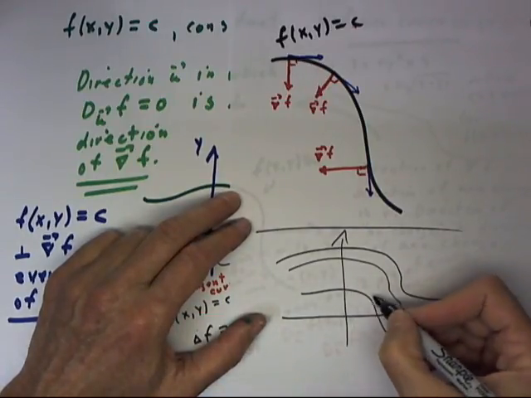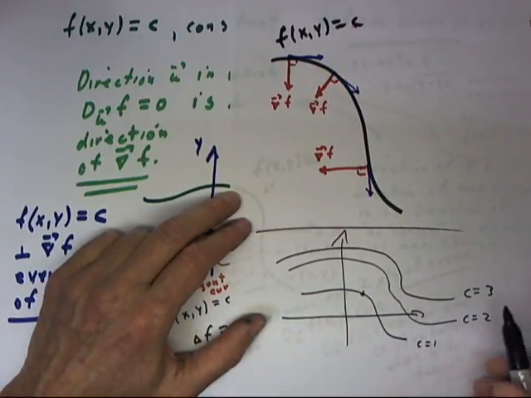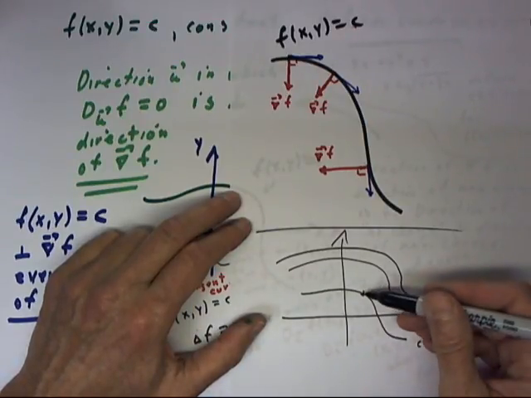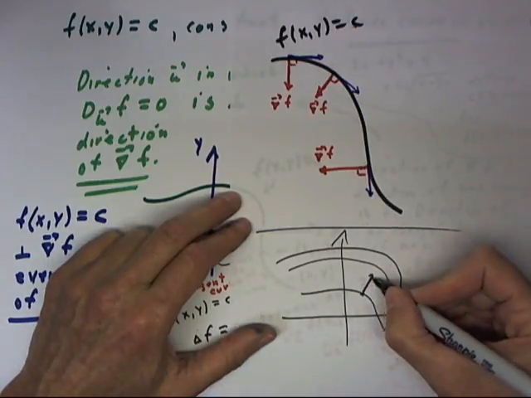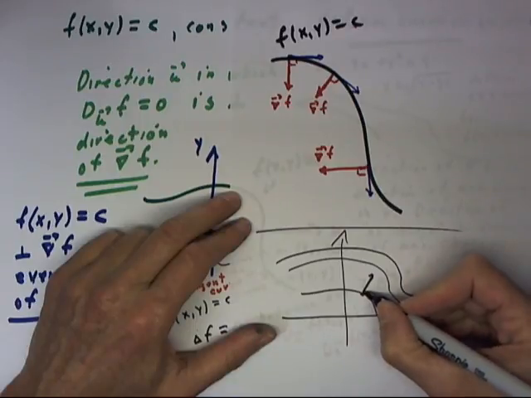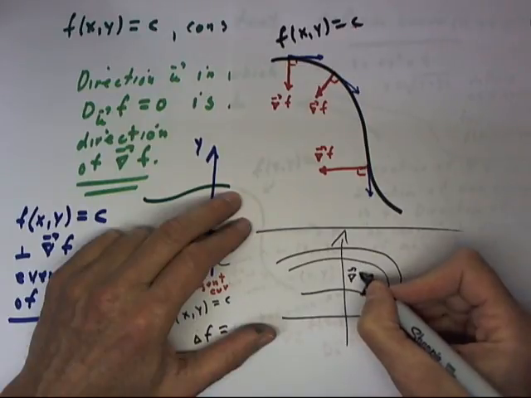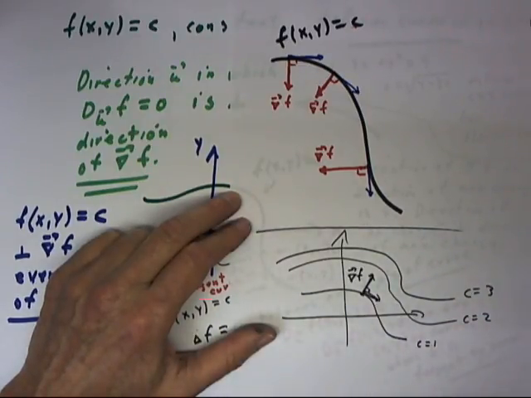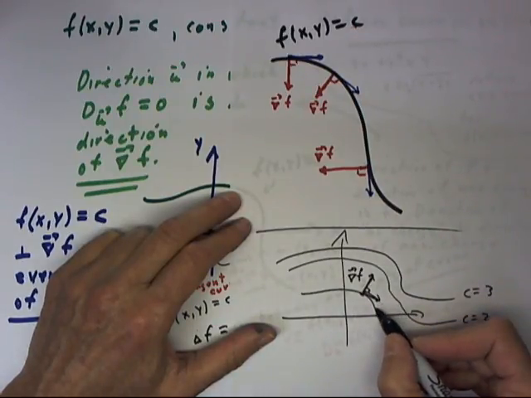Then, if I'm at this point, I know that my gradient is in the direction of maximum increase in the value of f, so that the gradient will be in the direction from the c equals 1 to the c equals 2 curve, perpendicular to a tangent vector. So here would be my gradient of f evaluated at this point. And at other points of the curve, the gradient is always perpendicular to the curve.